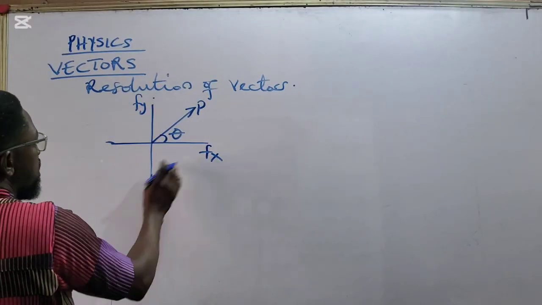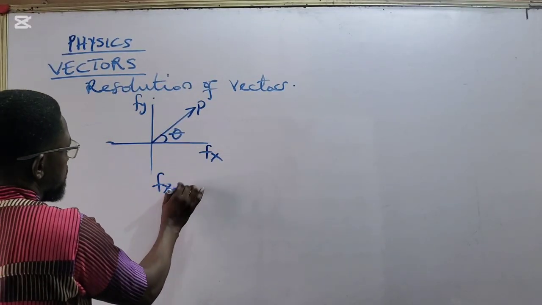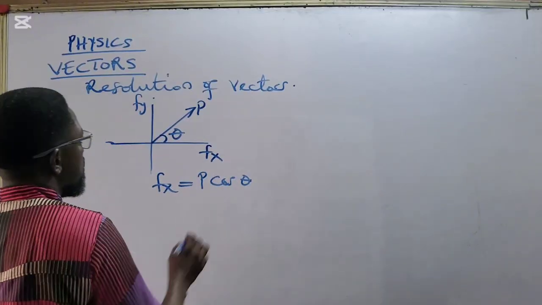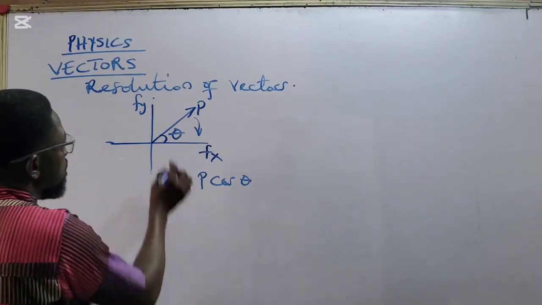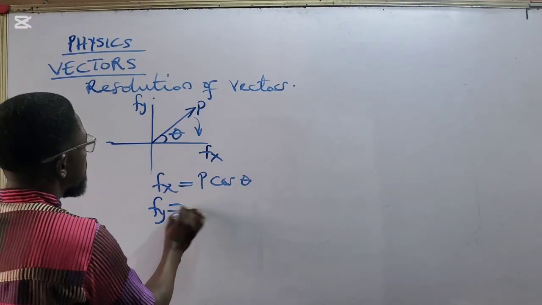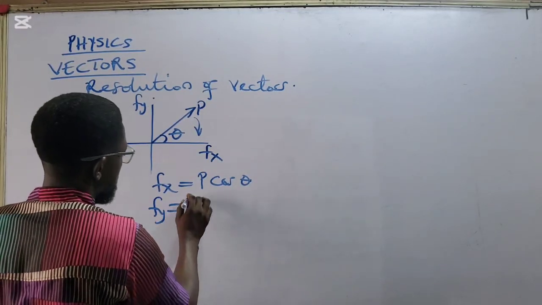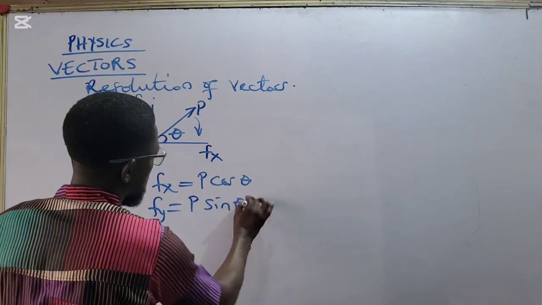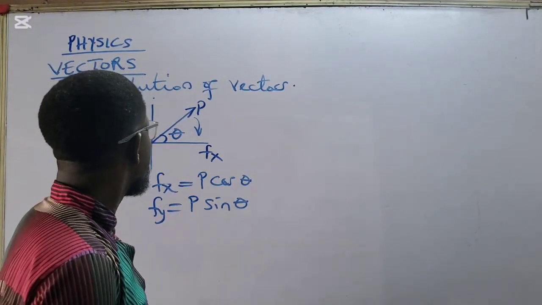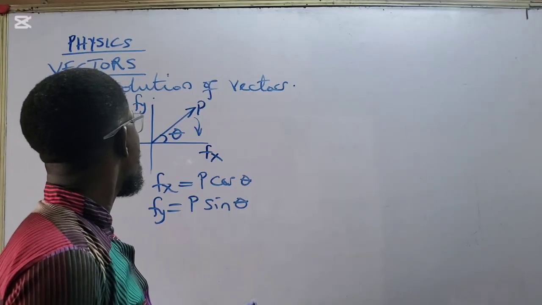To resolve in the Fx direction, I'll get P cos theta. Then if I resolve in the vertical direction Fy, we'll get P sin theta.